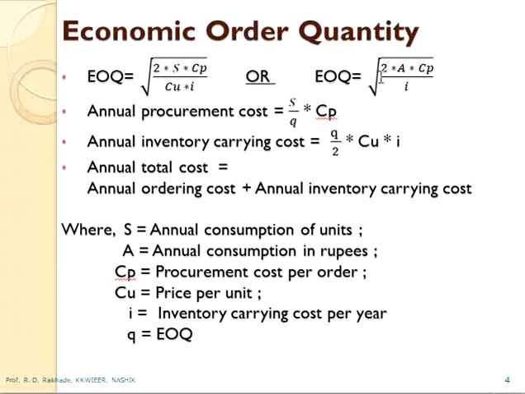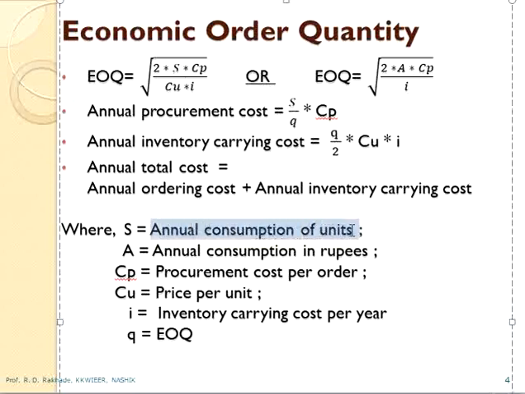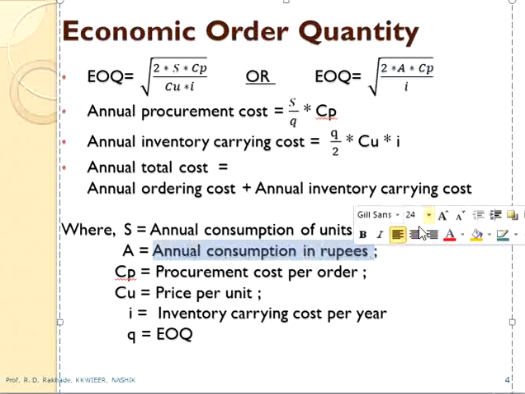What do you mean by S and A? First we define these terms. S means annual consumption in units, so this formula is on the basis of the number of units consumed in a year, and A means annual consumption in rupees.